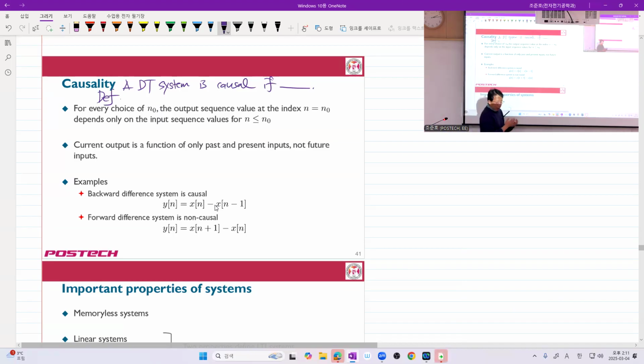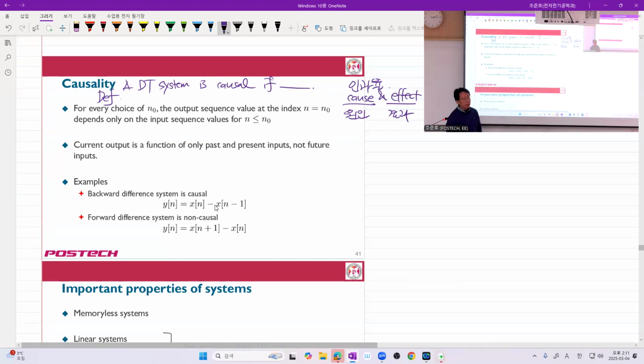I hinted in the last class meeting that a causal system satisfies the so-called 인과율, cause and effect, simply translated as 원인 and 결과 in Korean. So a causal system satisfies this rule.